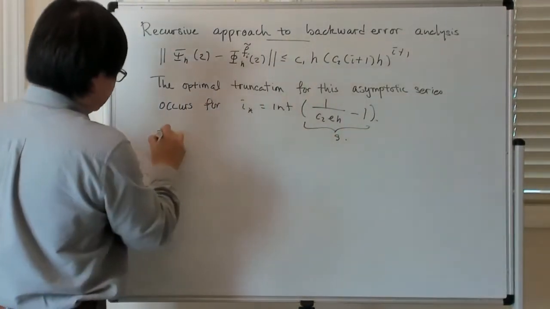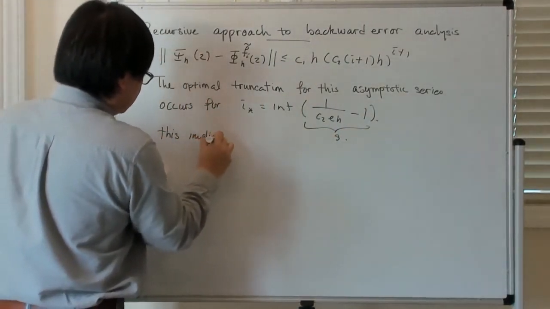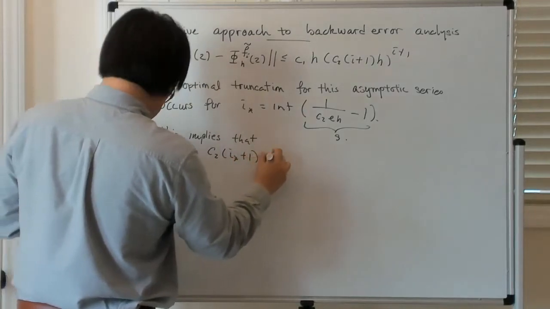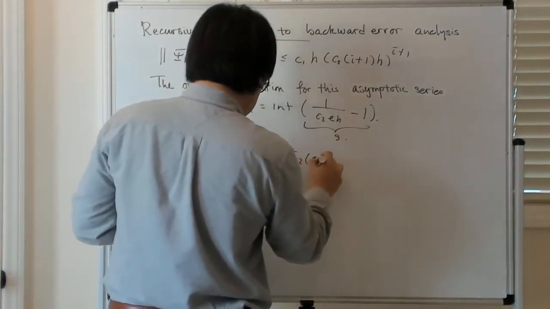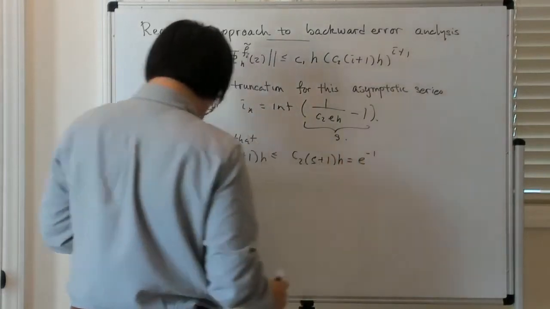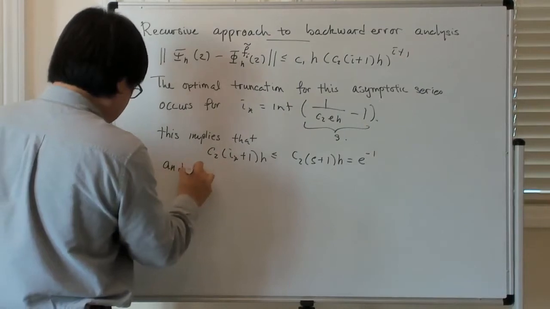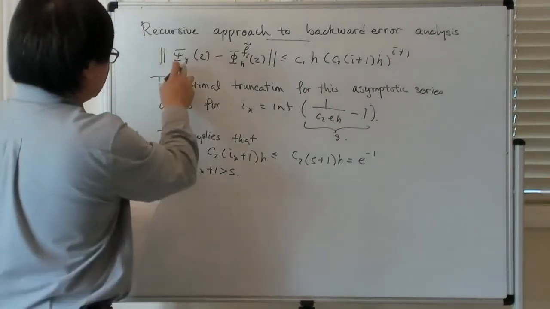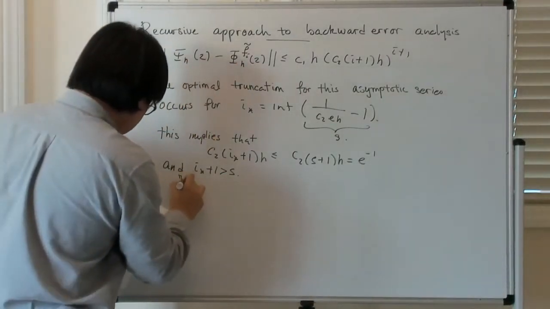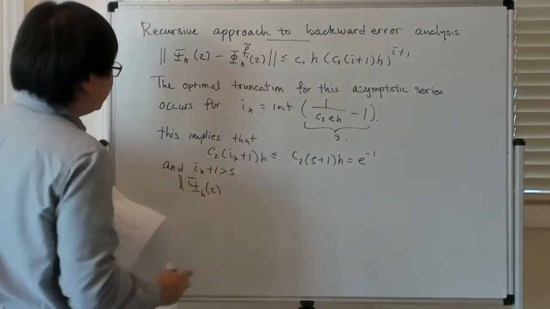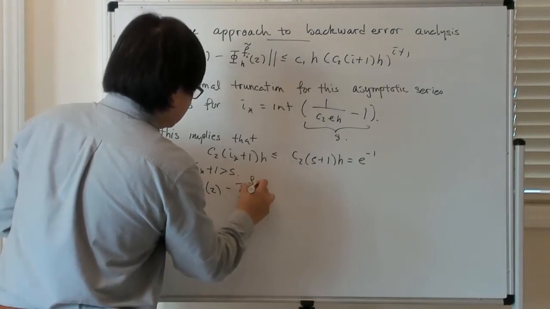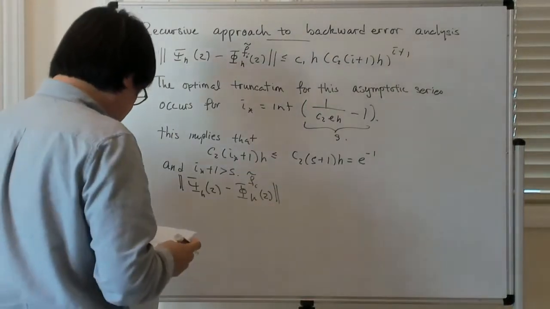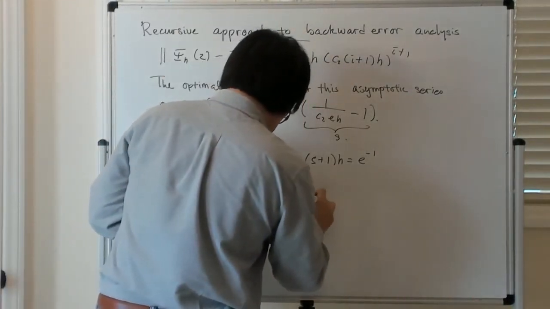Okay, this implies that C2 (I star + 1) h is less than or equal to C2 (S + 1) h, which is e to the minus 1, and I star + 1 is greater than S. Putting that back into this expression, the difference again between the one-step method and the exact flow of this I-th modified vector field, where I is the truncation up to the I-th term, is less than or equal to C1 h.